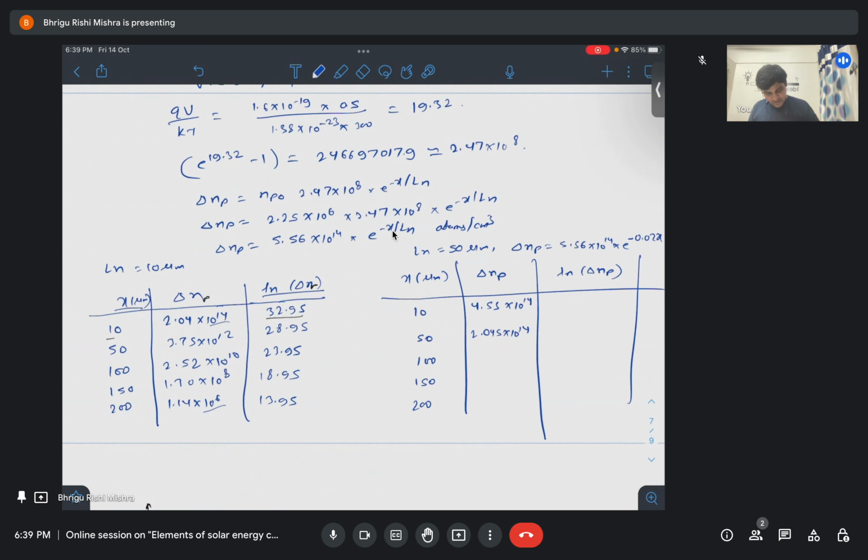For 100 it's 7.52 into 10 to the power 13.